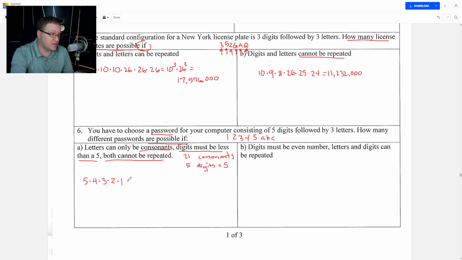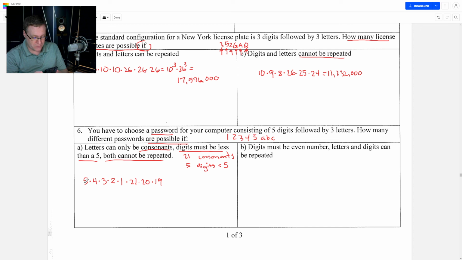Then we need our letters, and they have to be consonants. Now, the first letter has to be a consonant, and we can pick any consonant, so we have 21. Then the second letter, we cannot repeat, so we only have 20 left. And then the third letter, we cannot repeat again, so we only have 19 left. So to answer this question, we need to do 5 times 4 times 3 times 2 times 1 times 21 times 20 times 19.